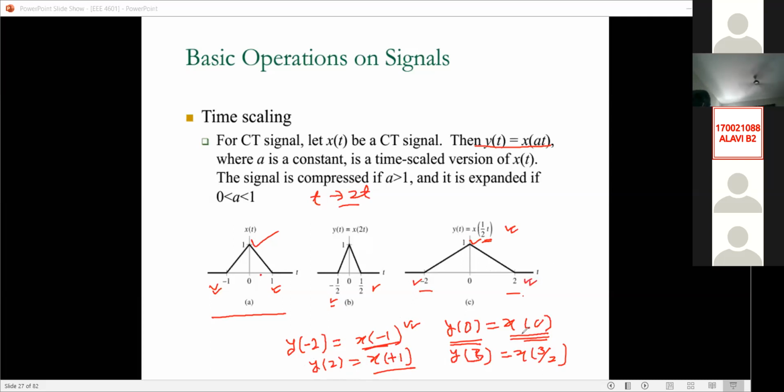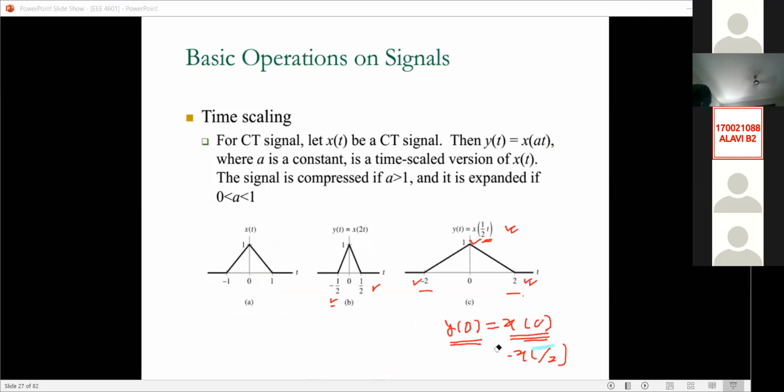So your signal is getting expanded. So this can be generalized, that if you multiply or scale the time of your signal by using this operation, then depending on the magnitude of A, either your signal can be expanded or your signal can be compressed.